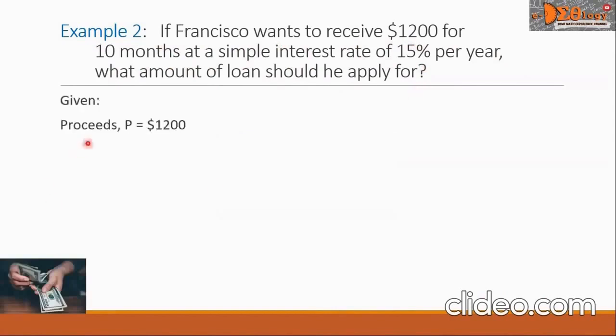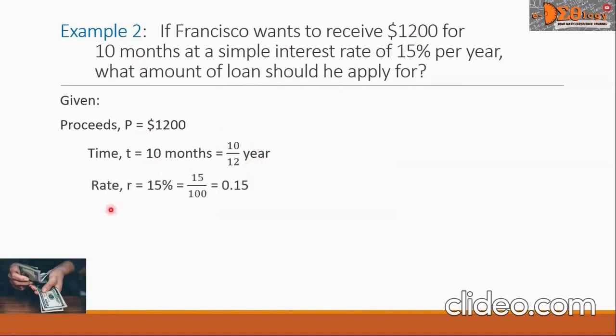This time, the proceeds P is equal to that $1,200. Next is the time, and that is 10 months that we converted into a year. So it becomes 10 over 12. Next is the rate, and that is the 15% that we converted into decimal. In this problem, what we want to know is the amount M.